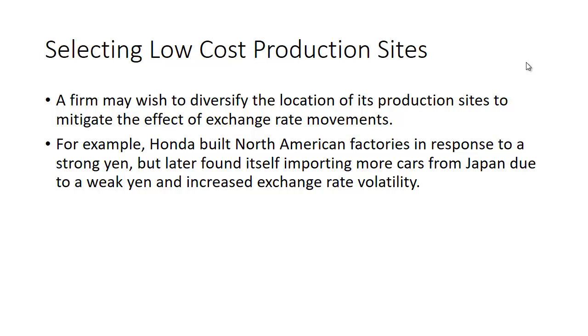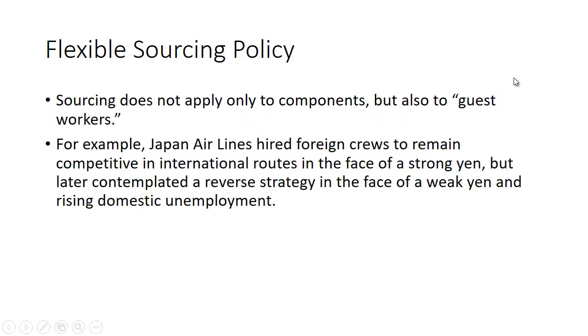So the strong yen made it very expensive for U.S. auto purchasers to purchase Japanese cars, so they decided to move production facilities into the United States.